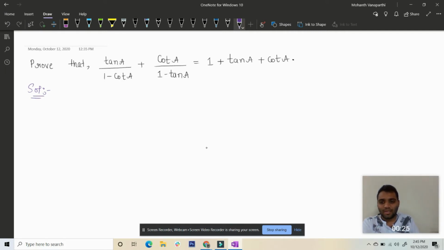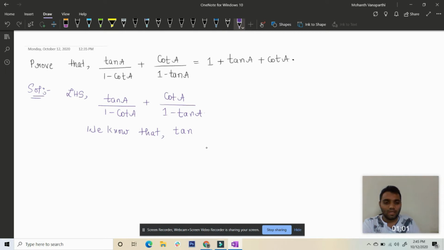So the given LHS part is tan A divided by 1 minus cot A plus cot A divided with 1 minus tan A. We know that tan theta and cot theta are inverse.